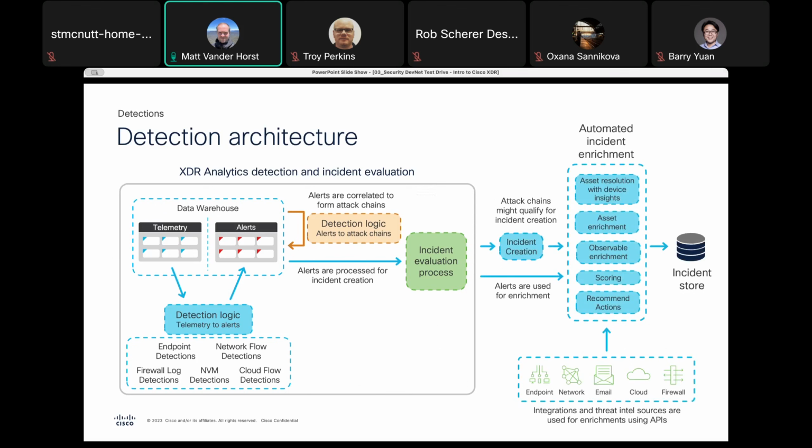So then we have an incident created, right? And there's still a bunch of other stuff that gets done. We have our original telemetry, we have alerts that get generated, we put that into an attack chain if necessary, we create an incident, and then we do automated enrichment. And that's where we, again, go back out to all those source products and say, okay, we have this set of observables. We have this set of information in this incident. Tell us everything else you know, whether that's getting data about assets and using those asset values that I mentioned before to do scoring, whether it's getting additional data from a product about different observables that are part of the incident.